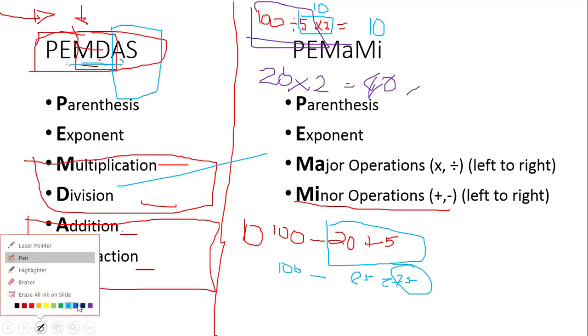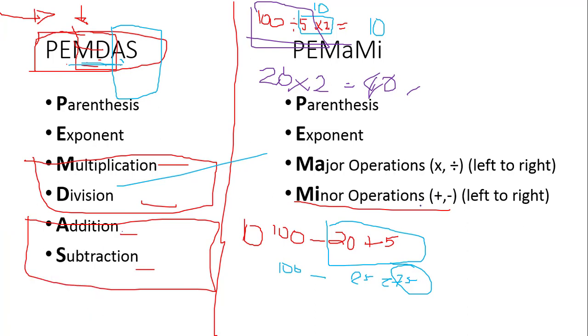Pero, try natin yung mean ng PEMAMI, no? The minor operation. Sabi nga dito, from left to right muna yung pag-solve. So, we have 100 minus 20 muna. So, we have 80. Then, plus 5. We have 85, no? So, kahit pa i-solve nyo yun sa mga calculator nyo, ang tamang answer pala is 85.